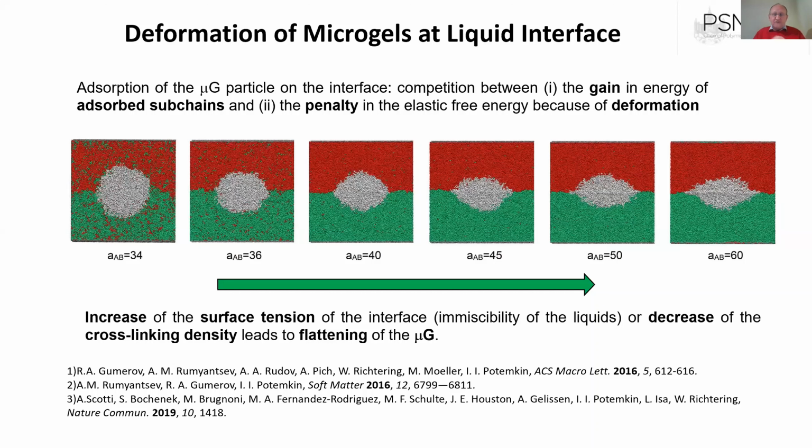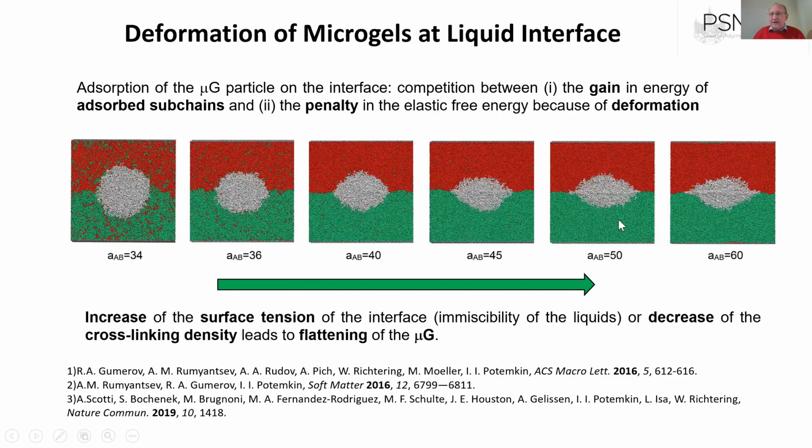The degree of spreading of the microgel on the surface, of course, depends on the cross-linking density and on the surface tension. For example, if the surface tension between the liquids is not so high, we can practically observe a more or less spherical shape at the interface. But when we increase the incompatibility between the liquids, we induce better spreading of the microgel.